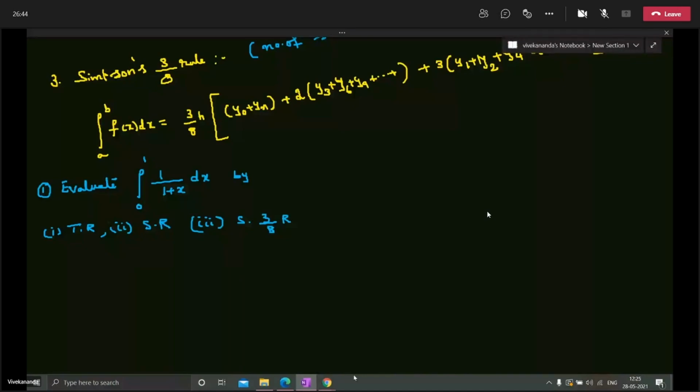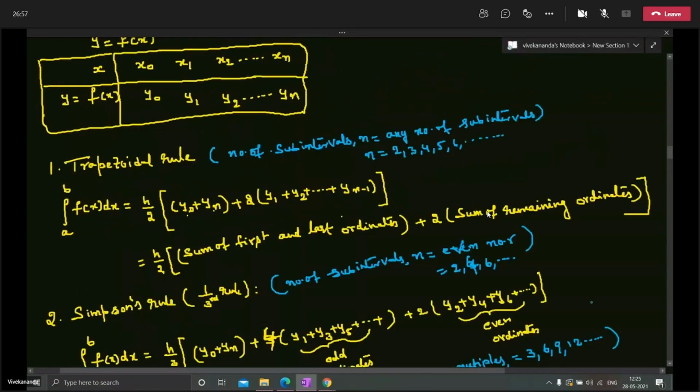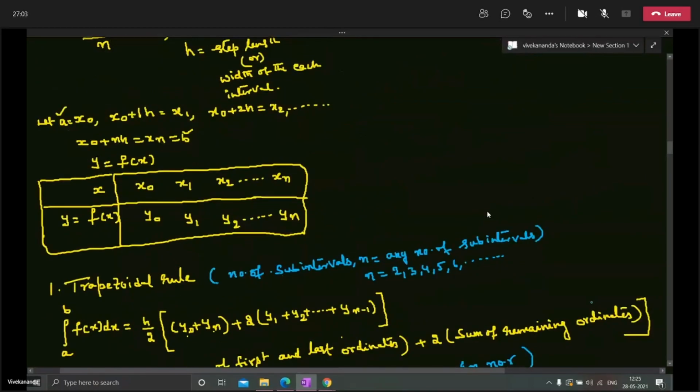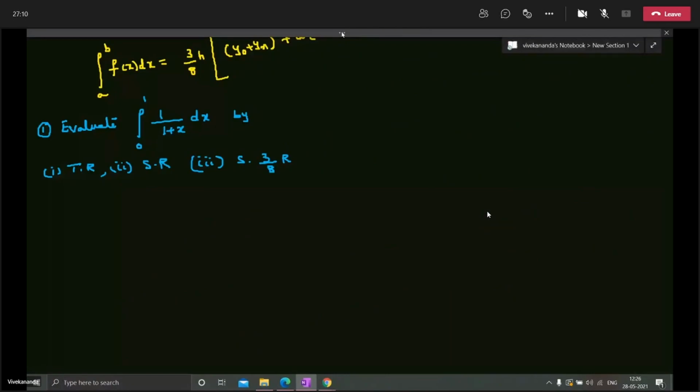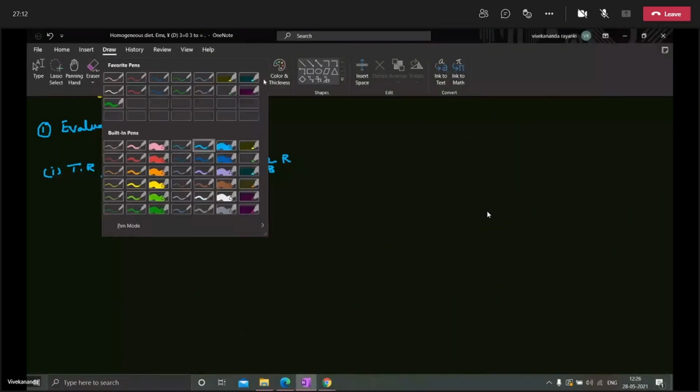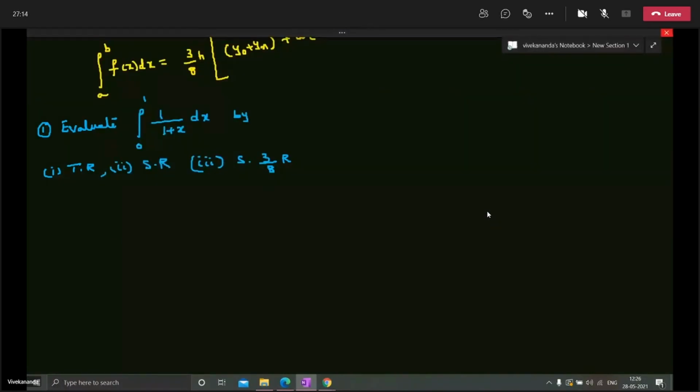For this sum, he is asking us to evaluate the integration under all the rules. So now I require this data. The data is not provided, so I have to define the data. Solution.